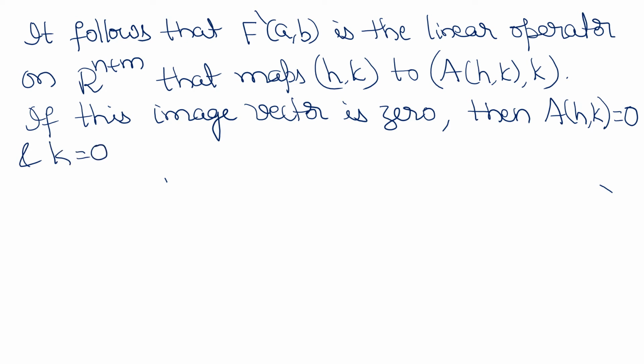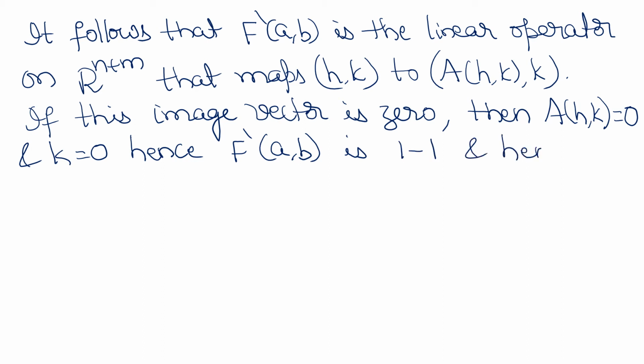The image vector is A of (h, k) and k, and if that is 0, then A of (h, k) is equal to 0 and k is also equal to 0. Hence F dash of (a, b) is a one-one mapping, and hence it is invertible.